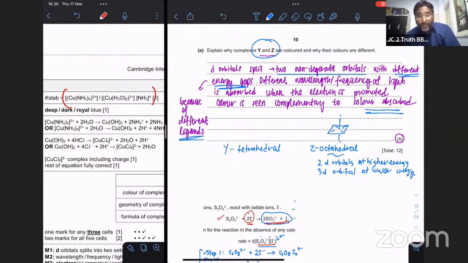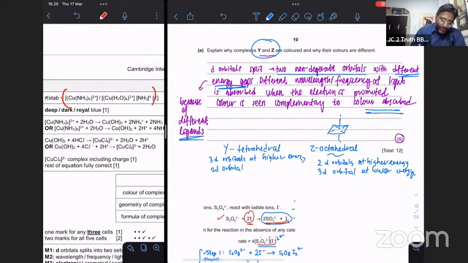For tetrahedral, you are going to have it different. You will have 3 d orbitals at higher energy, and the 2 d orbitals will be at the lower energy. And for the 2 d orbitals they are talking about, you need to also know what the orbitals are.